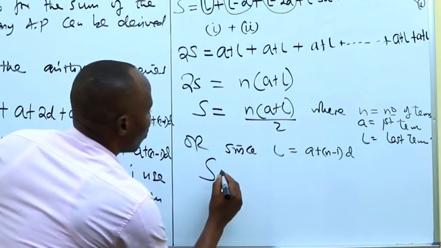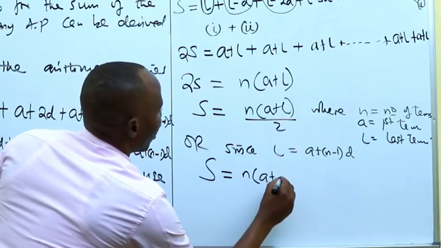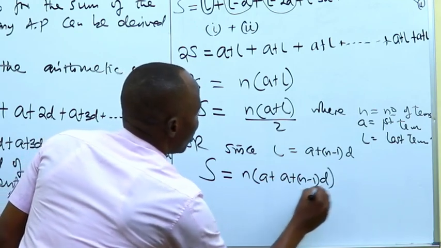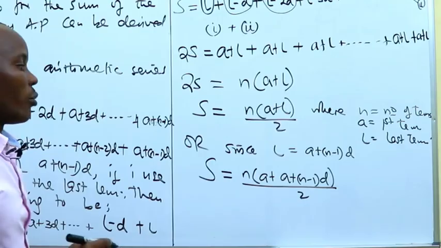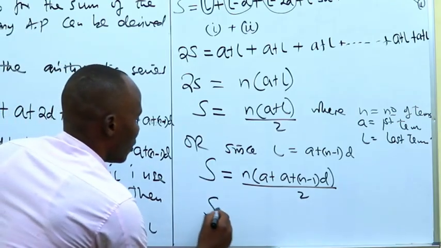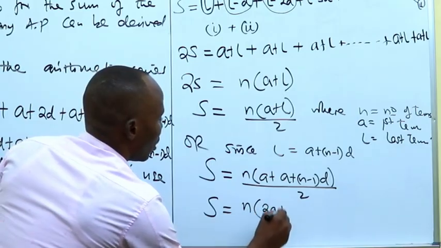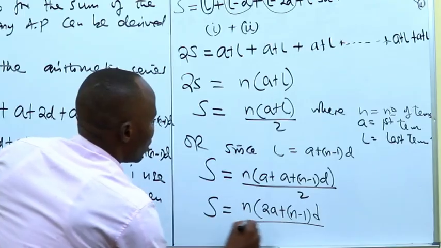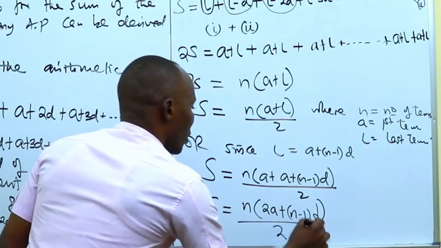So my S is going to be n into A plus n minus 1 into D all over 2. And if I simplify it further, this S is n into 2A plus n minus 1 into D over 2. You close the brackets here.